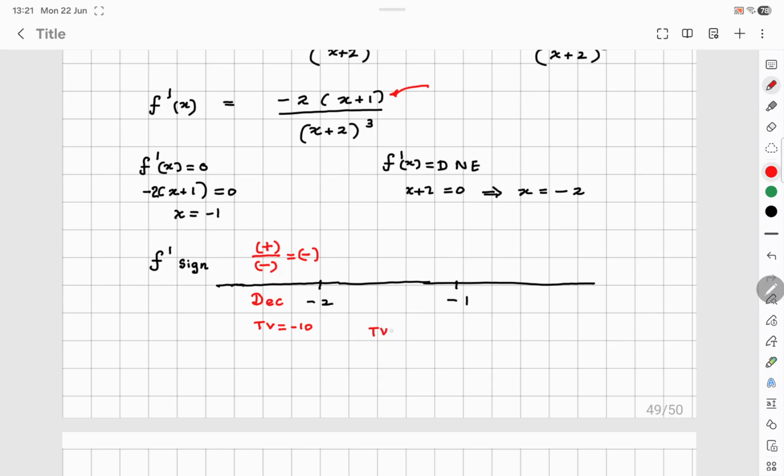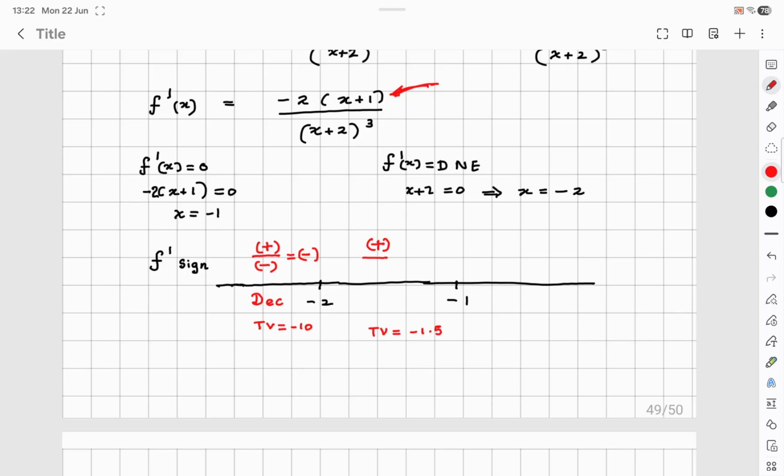Now let's check between minus 2 and minus 1. Let me use minus 1.5 as my test value and substitute into the derivative. So minus into minus, so again the numerator is plus. Then minus 1.5 plus 1 is minus 0.5, so yes, plus.